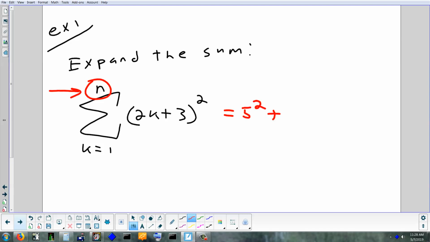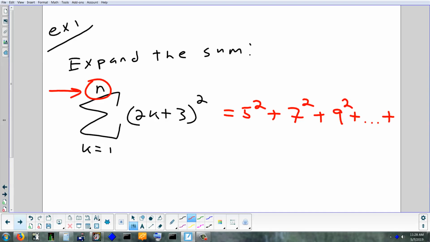But if you leave it as 5 squared, you'll see a pattern. Robin, what if I plug in 2 for k? 7 squared. Yep, 7 squared. And Nate, what if I plug in 3 for k? 9 squared. So basically the pattern here is it's odd numbers squared. So plus dot, dot, dot.